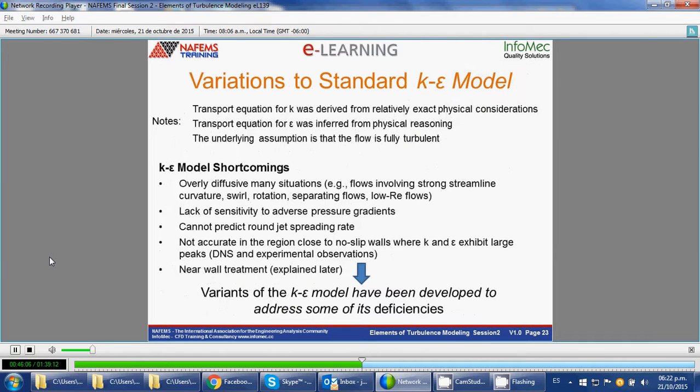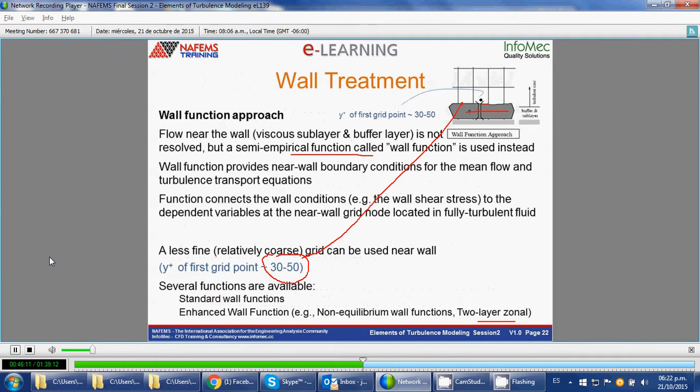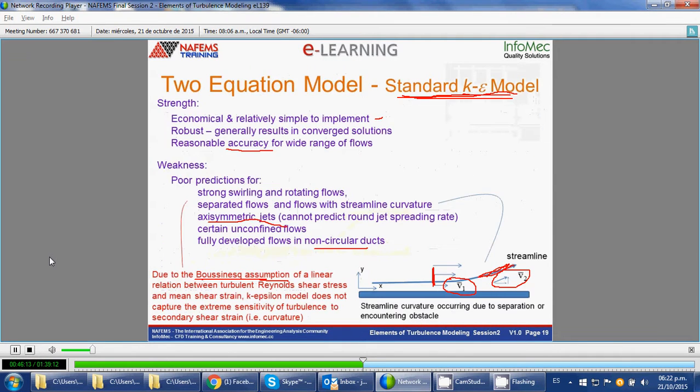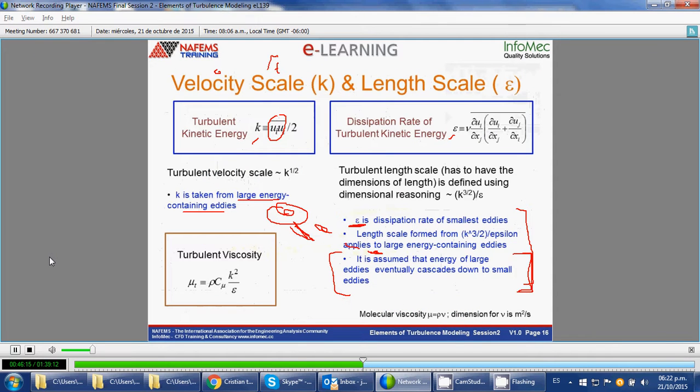Now, one of the problems was, if you remember, we talked about these problems right here. We said epsilon is the dissipation rate of the smallest eddies. It will help you to establish the length scale if you use k and epsilon in order to get the length scale.